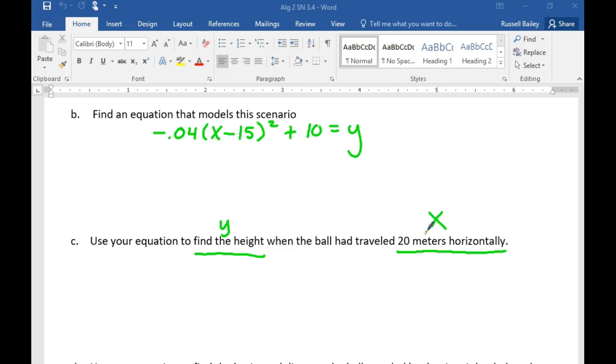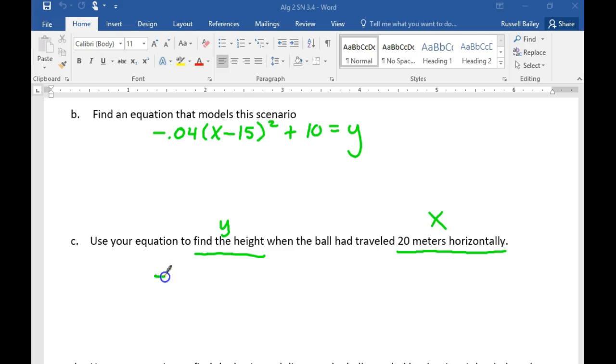I'm going to plug 20 in for x, and I'm going to solve for y. Okay? So you have to know what your numbers mean. So what they did was good. How did you guys know this was a y value? Because I told you earlier height is y, and horizontal distance is x. So in this case, I know x is 20, and I want to find y.